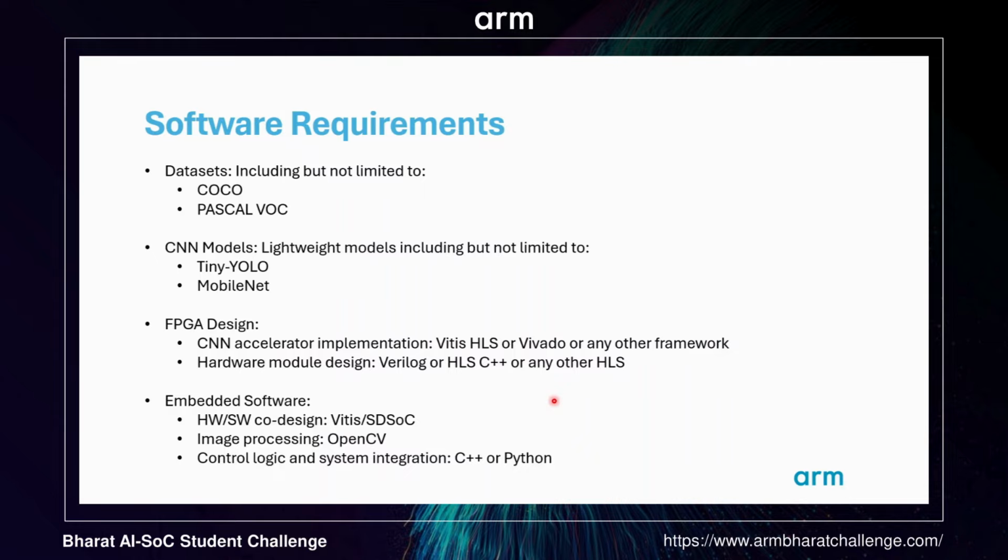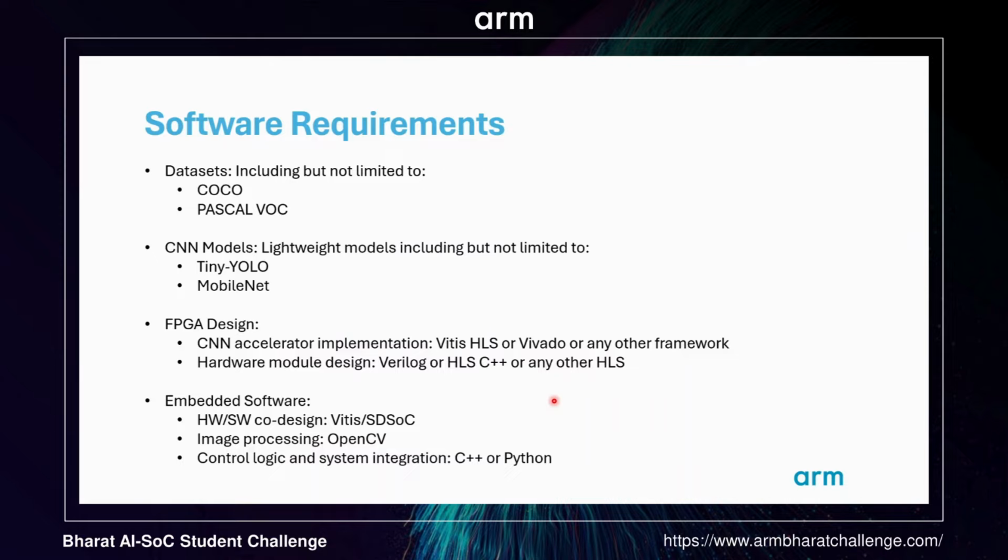In terms of software requirements, your datasets must include but should not be limited to COCO and Pascal VOC classes. You can use lightweight CNN models such as TinyYOLO and MobileNet. You can also add other models to your solution. For CNN accelerator implementation, you can use Vitis HLS, Vivado, or any other suitable framework.